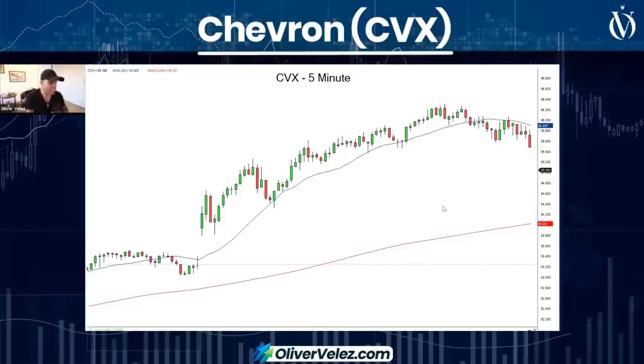This pullback in Chevron, the subsequent pullback in Chevron here, guys, this is cool. This pullback is buyable as well. Now, this is getting into a different topic, but the turn happens right at the 20-period moving average. Now, remember, we're supposed to join that gap. Now, if we want to combine the whole move up, we do it like this. This is what's happened in Chevron from the open.